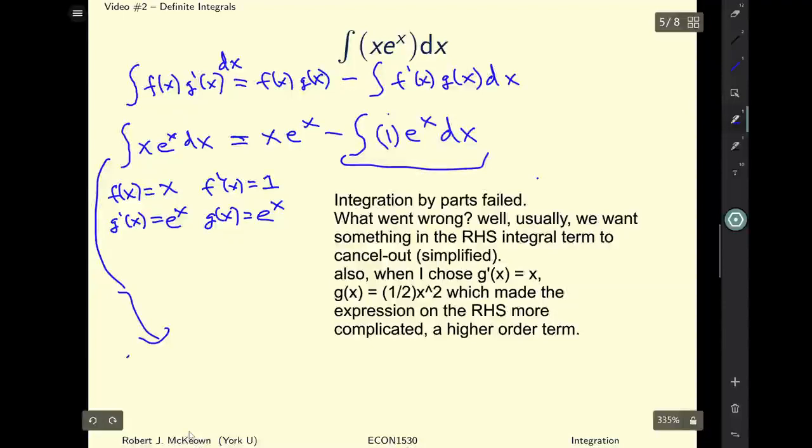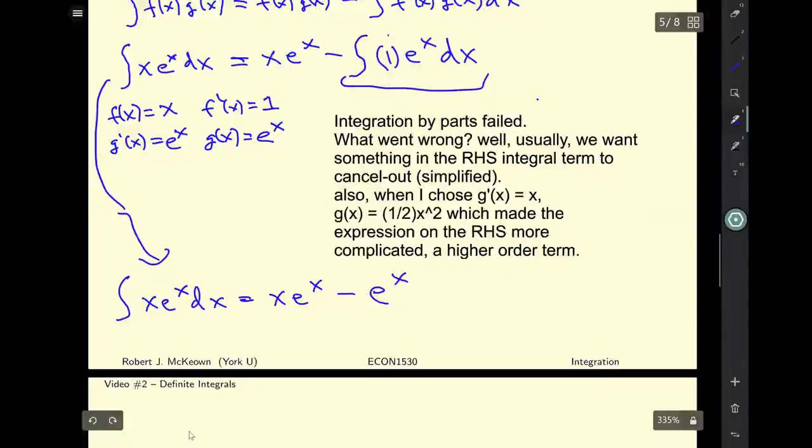I'm going to get the integral of x e^x dx is equal to x e^x minus e^x itself. And I can factor out the e^x, so I've got e^x times (x minus 1).